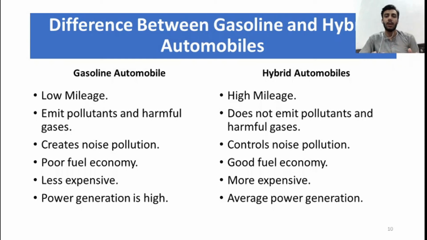In hybrid automobiles, the traction battery and the internal combustion engine combine the power, and then it moves the vehicle, hence it produces average power generation and the vehicle moves slowly, while on the other hand gasoline automobiles produce more power, which means that only fuel burns in the engine and the whole power is transmitted to the wheels for motion, and hence it moves with high speeds.